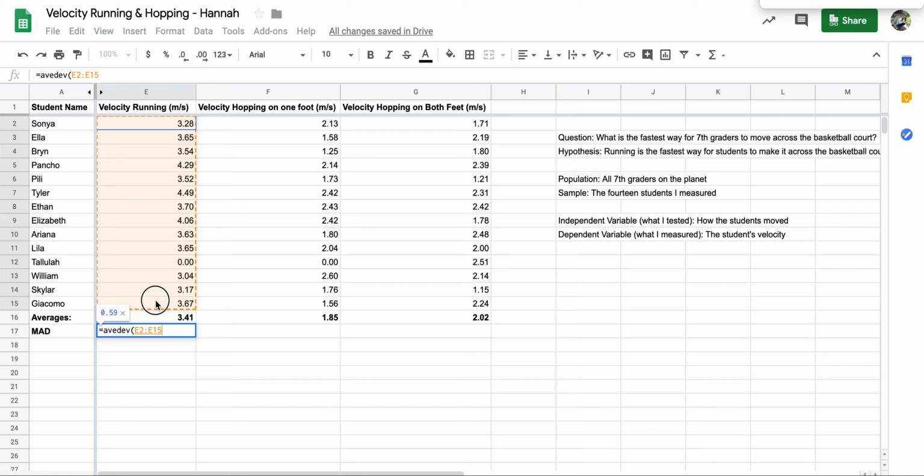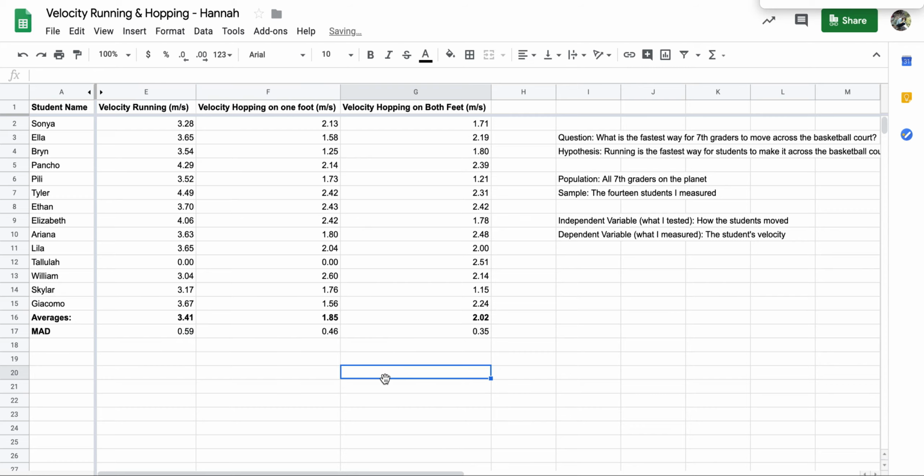You'll notice I didn't highlight the average, just the data. I close my parentheses, I hit enter. So basically, calculating the mean absolute deviation works exactly the same way as calculating averages, except here I've got equals AVEDEV instead of equals average. And again, I can copy and paste that process over and have all of my mean absolute deviations.